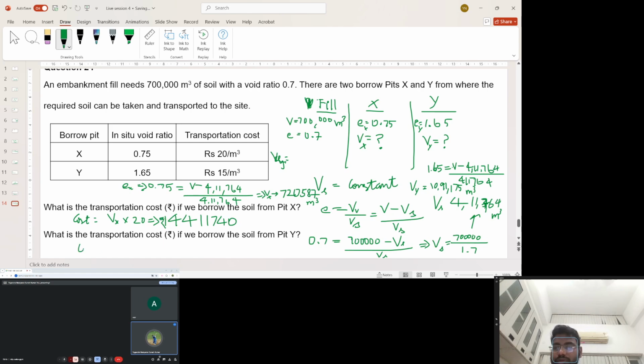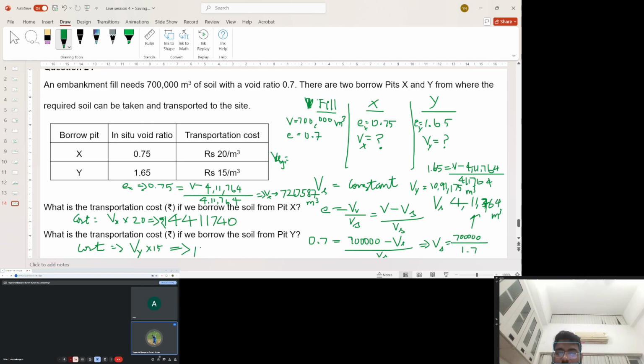And in case of this one, Vy into 15. Vy is 10 lakh 91,175 into 15.